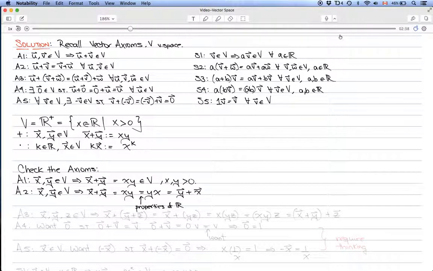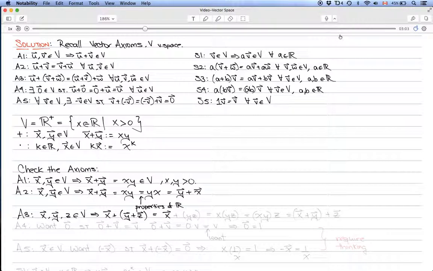For A3, we need to show associativity. So let's take three elements in V, so three positive real numbers x, y, z, and let's show that when we add x to y plus z, so we're doing y plus z first, we get that this is the same thing as doing x plus y first and then adding z. Well, again, let's just use the definition.